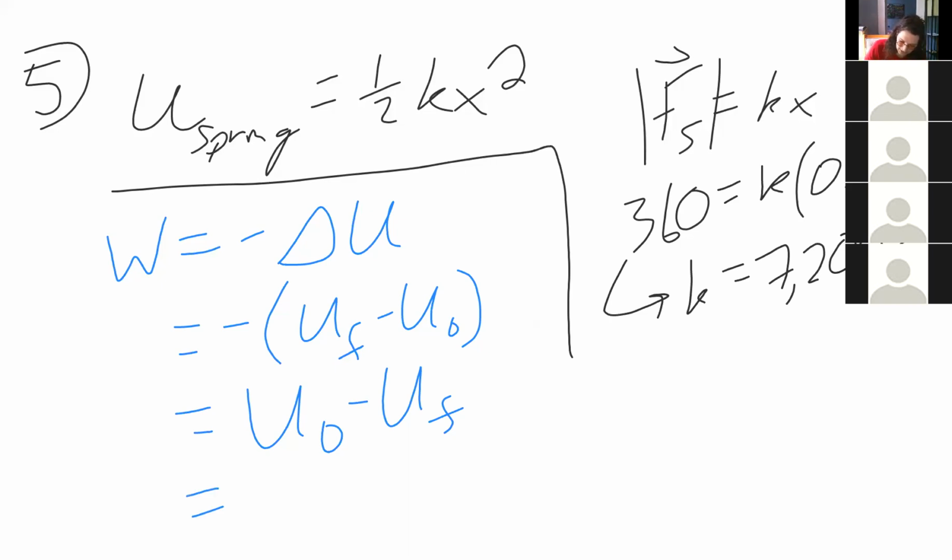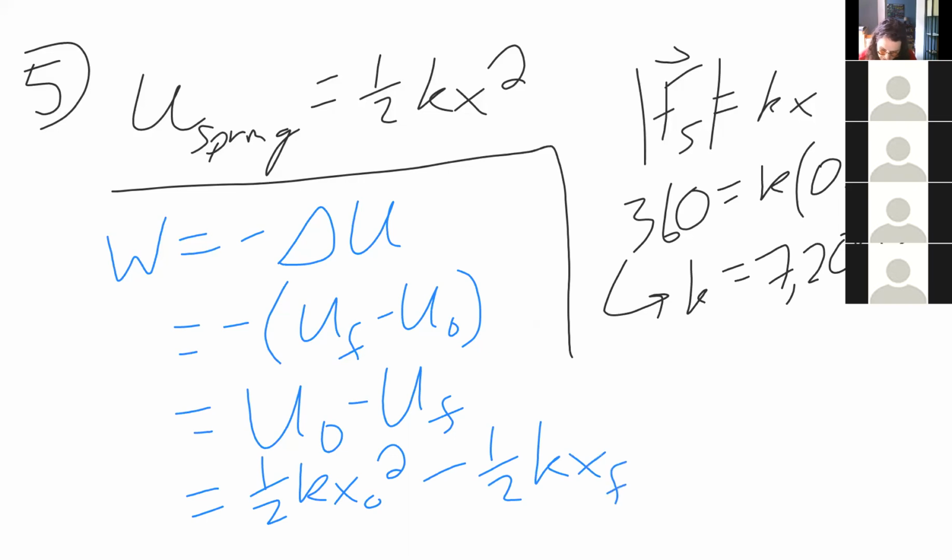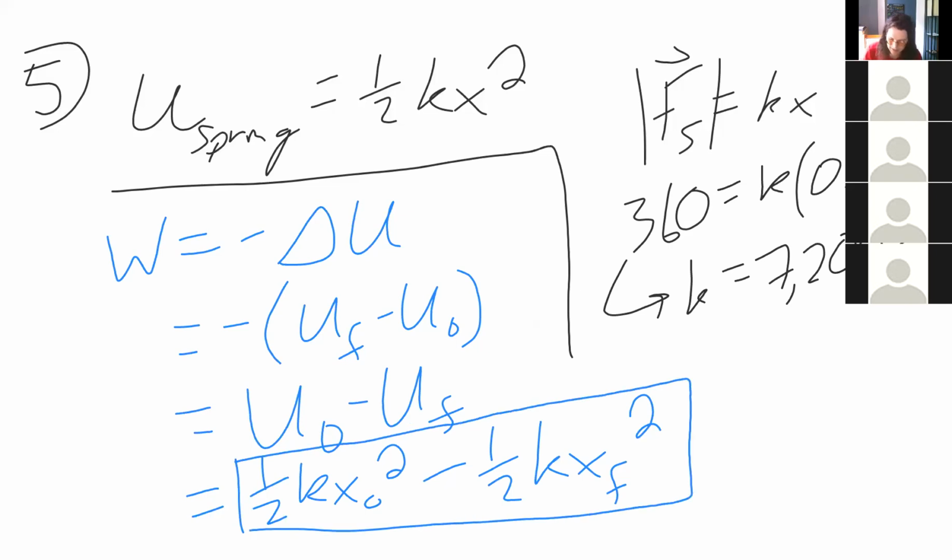So you'll calculate some half k x initial squared, and you'll use the same one every time, and then you'll just subtract out a half k x final squared. And they're going to give you different x finals. Your k, of course, will come from the force relationship right here, and then you'll just plug in your different x finals for each part.